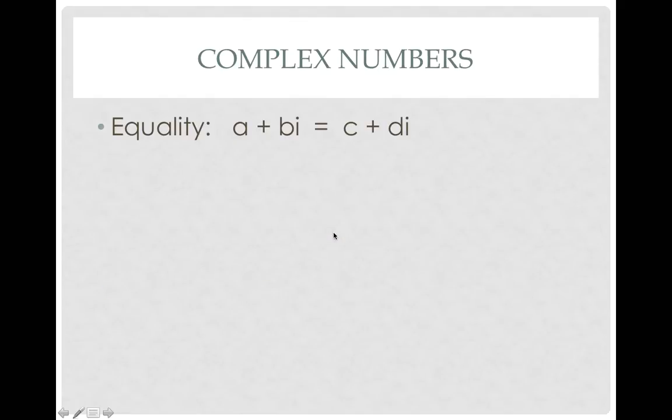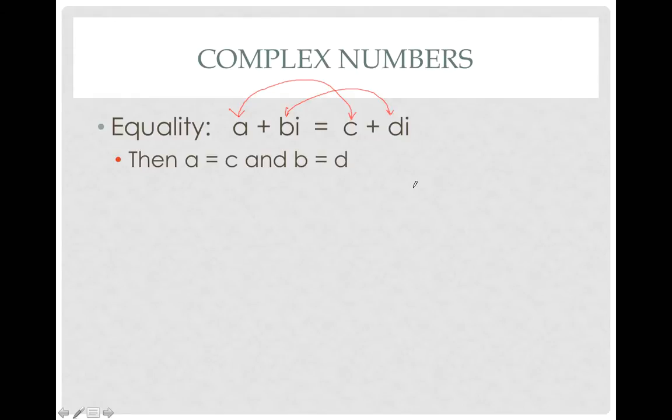Okay, let's go ahead here. Complex numbers: if two complex numbers are said to be equal, that means that the real parts are equal and the imaginary parts are equal. Or in other words, a equals c and b equals d.